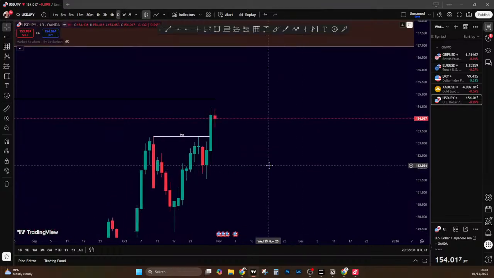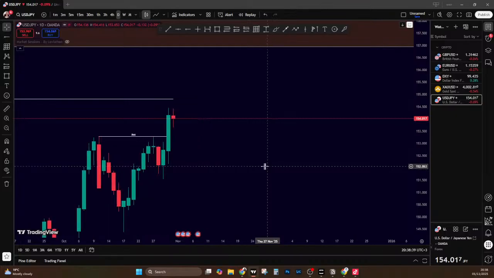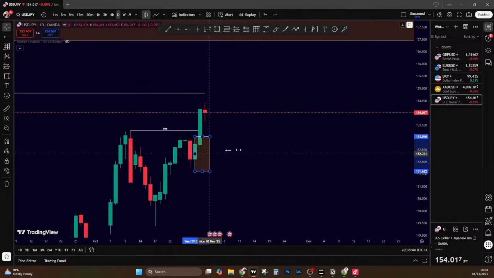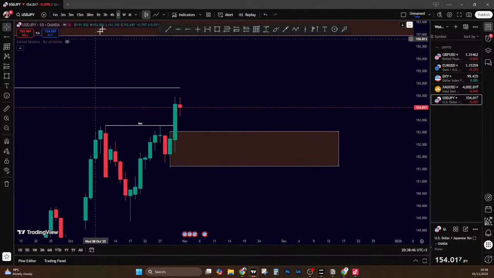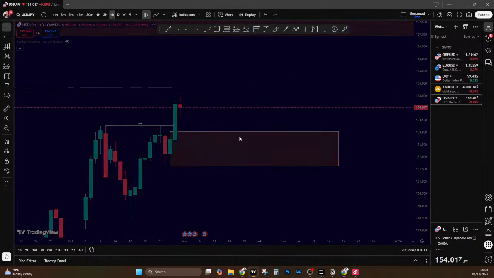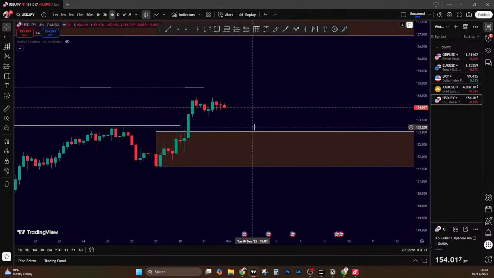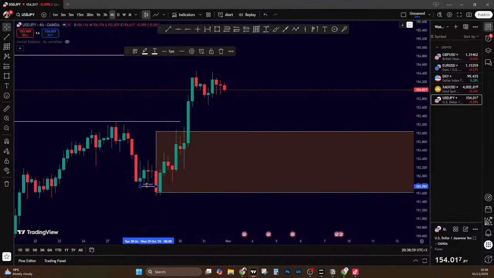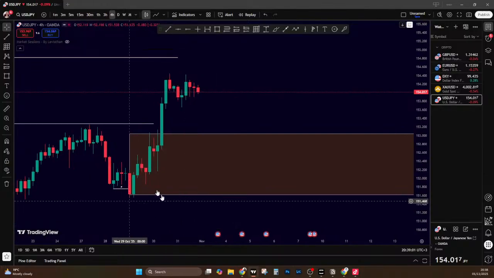So if it's a must, you want to be in this trade, like you want to say, me, I trade USD JPY, come and look for an opportunity here. I can even refine it for you. In the 4 hour, you can see that this took out this liquidity, that one, and then this one was retested by this one.